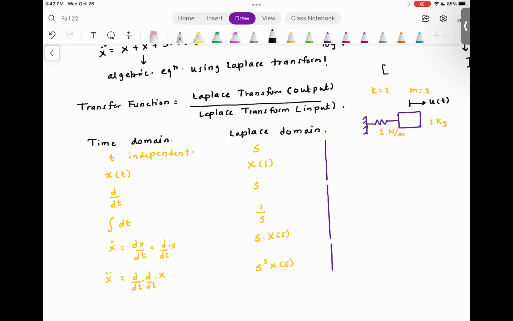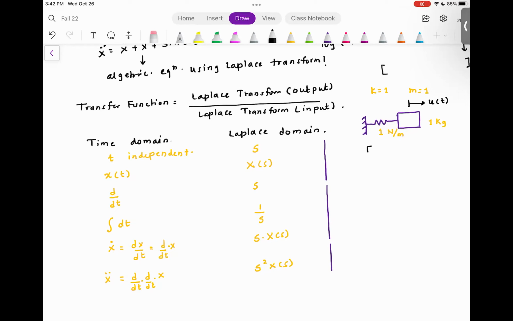First, I want to apply Newton's law to derive the equation of motion. And we have done this. Remember, force is equal to mass times acceleration. And we derived something like m x double dot plus k x is equal to u of t. Are you with me so far?